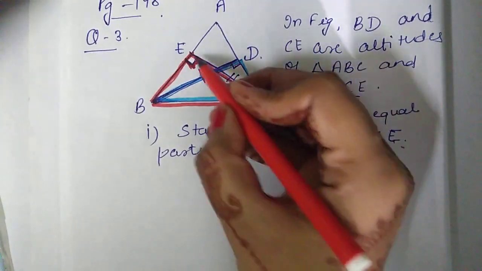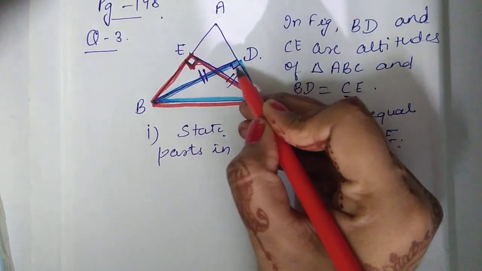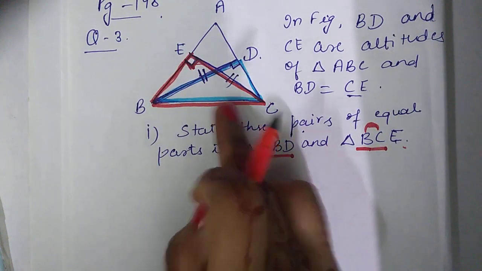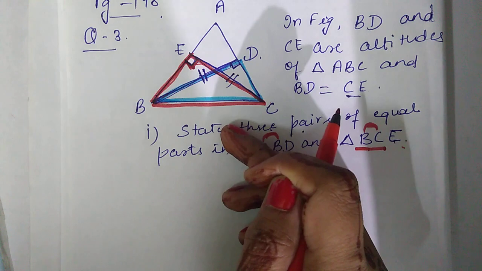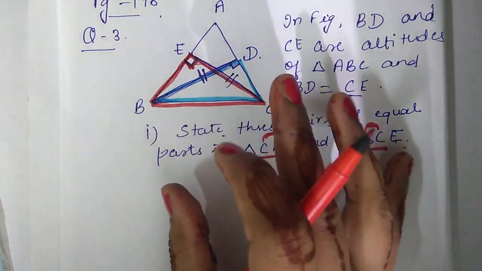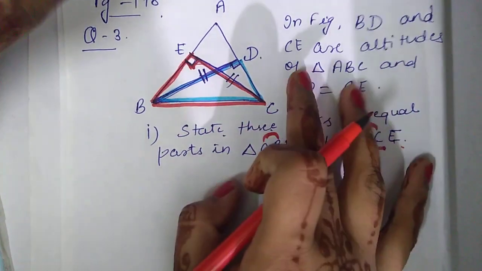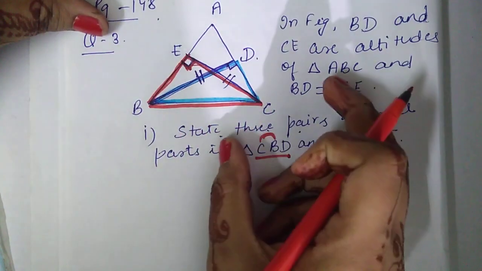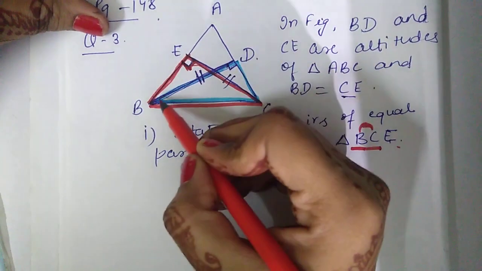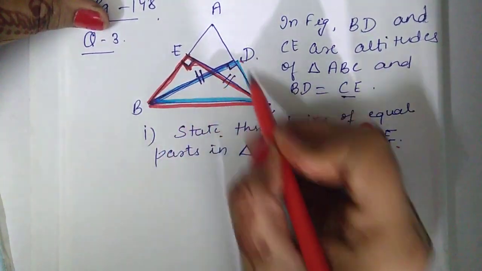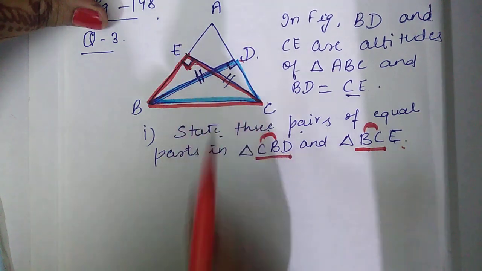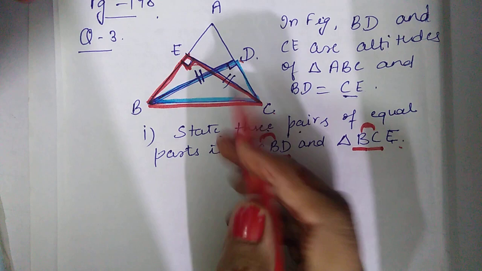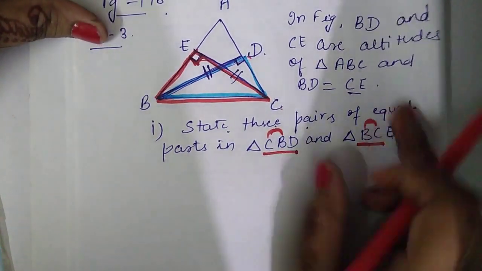Opposite to 90, we have BC as hypotenuse in both triangles, and they are equal because they are common. So we have found hypotenuse equal and the 90 degrees, and this side BD of triangle BDC is equal to EC of triangle EBC. They are also equal. So we have observed the three equal parts.